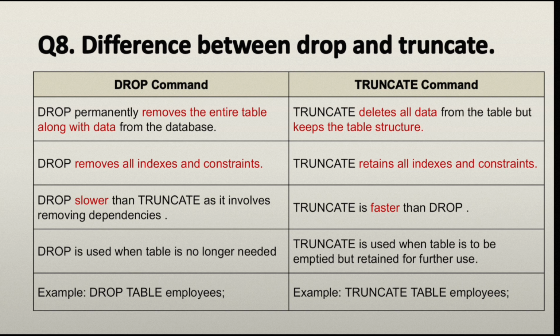Drop is slower than truncate as it involves removing dependencies, while truncate is faster than drop. Drop is used when a table is no longer needed, while truncate is used when a table is to be emptied but retained for further use. You can also mention the examples.